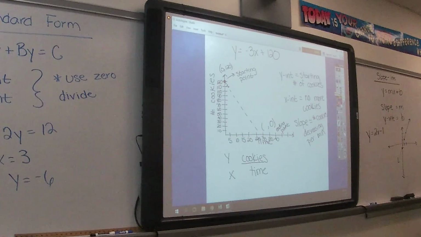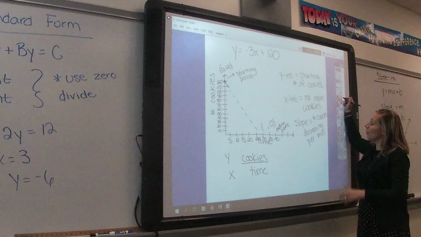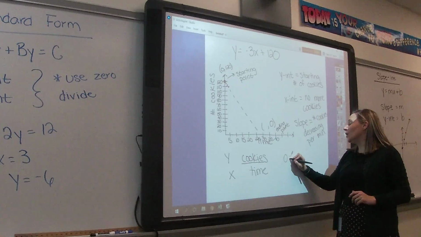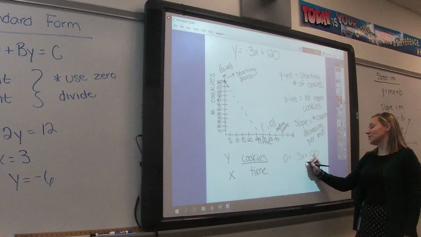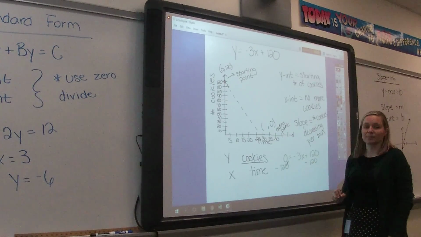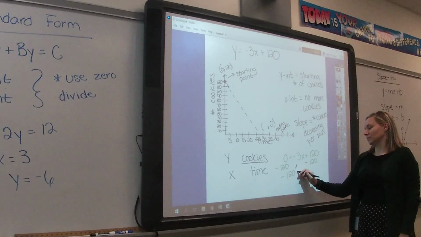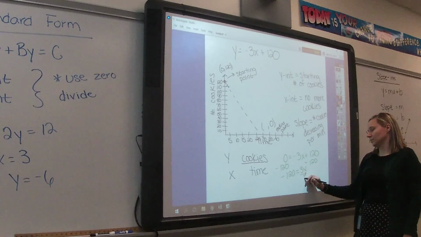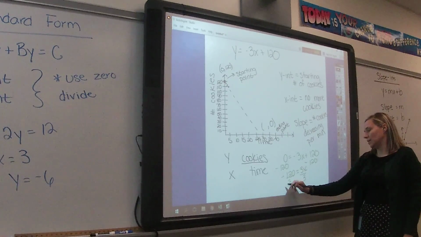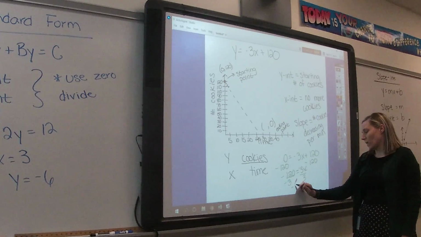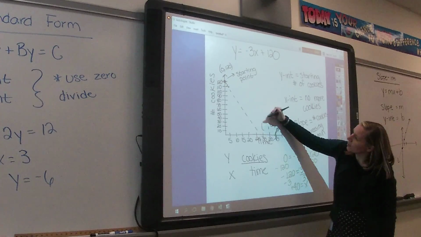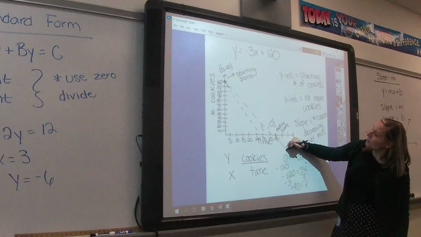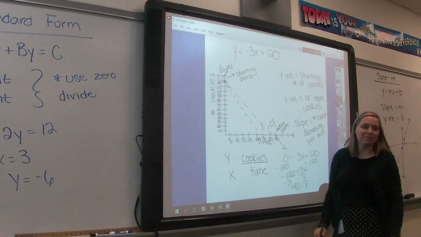So if we said 0 equals negative 3x plus 120, and I solved this, this line should have been more over here, right? My line should have been here. That would be a perfect line.